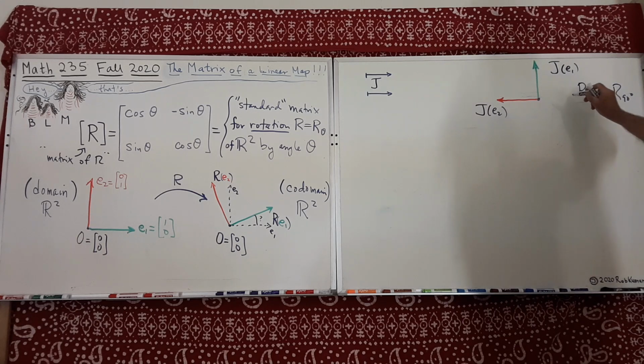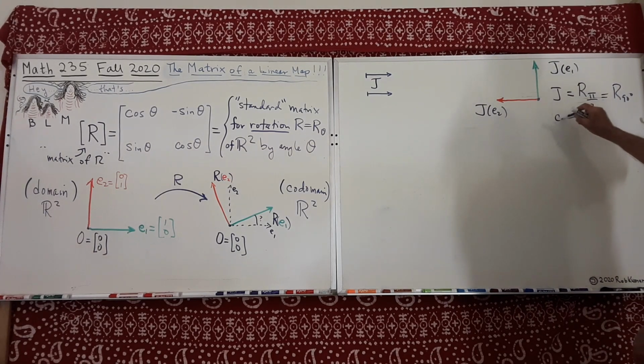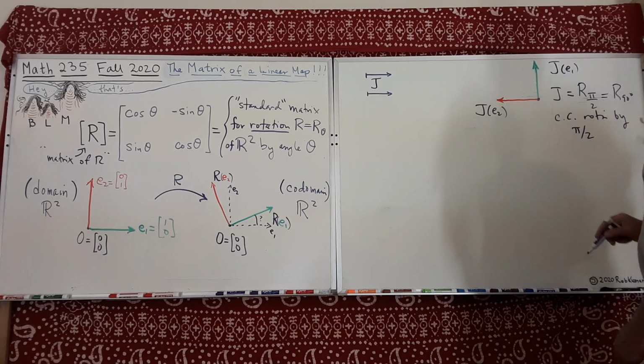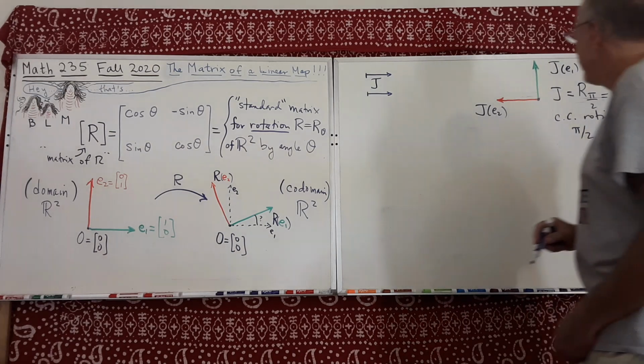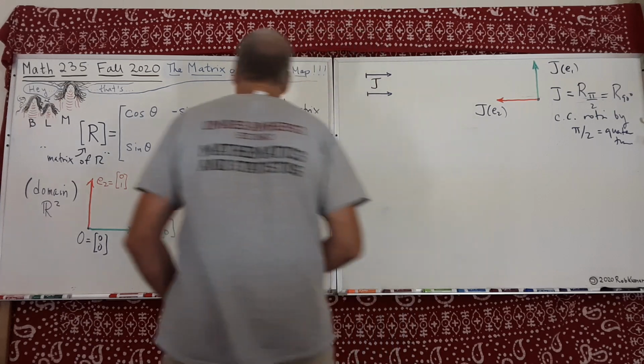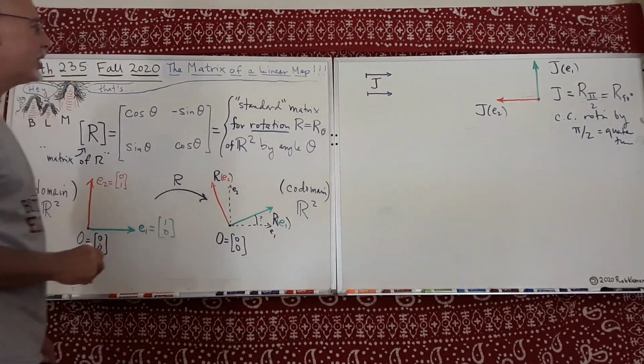And I'm going to call that J. So J is actually the name for counterclockwise rotation by a quarter turn, pi over 2. Okay, so quarter turn. That's the standard notation for that, actually, used all over mathematics, J.